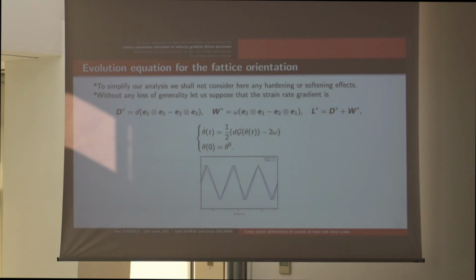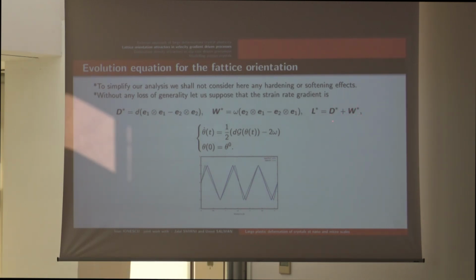Now it is also important to have the rotation of the lattice. That means we have to fix the gradient of the velocity. Let's say it's given, and this is always decomposed into a symmetric part and an anti-symmetric part.